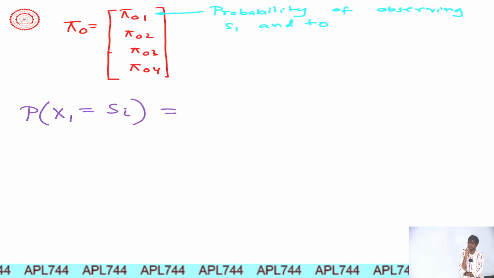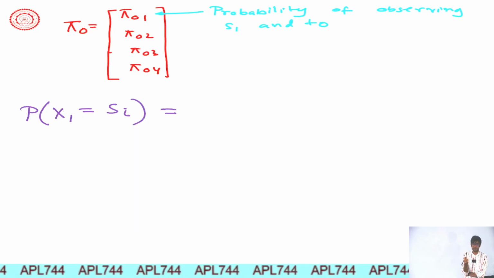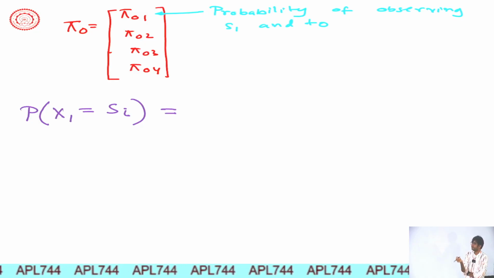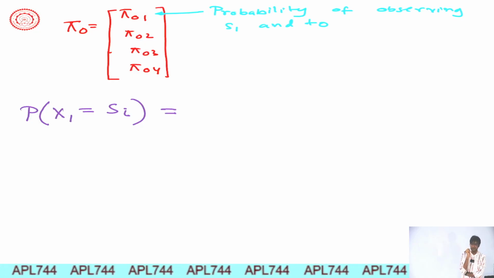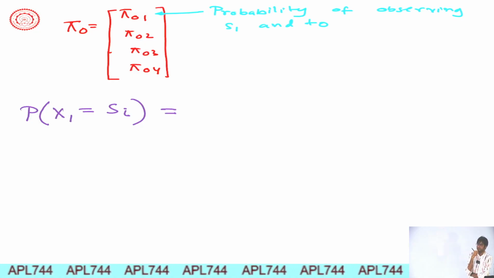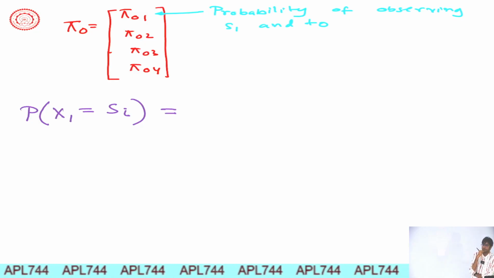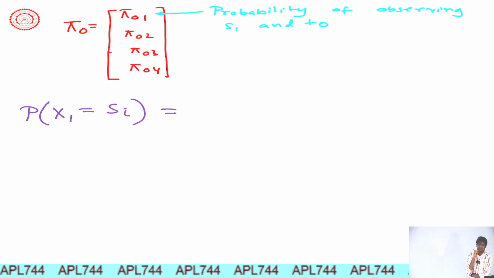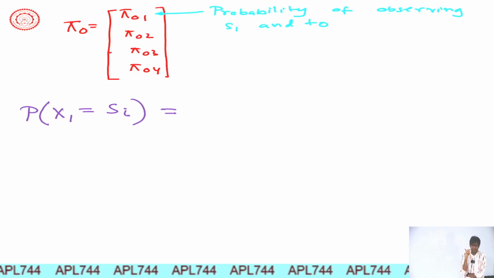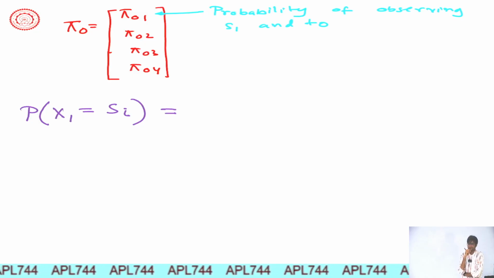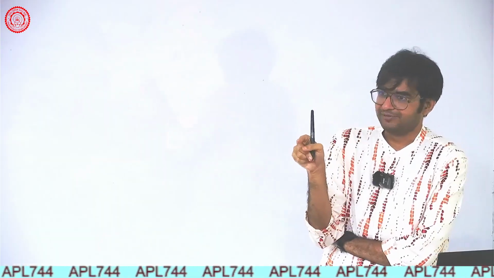Not difficult. You know the transition probability matrix, and you know this thing. What will this be equal to? Correct. Product and sum rule will be used. Both will be used. First, let us see. At x0, you know the value, right?